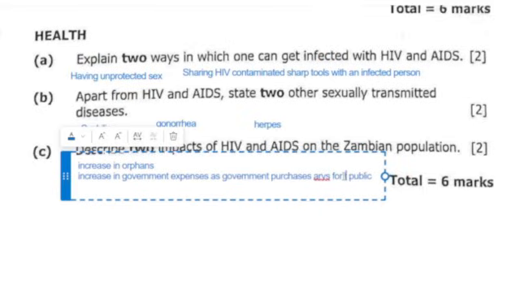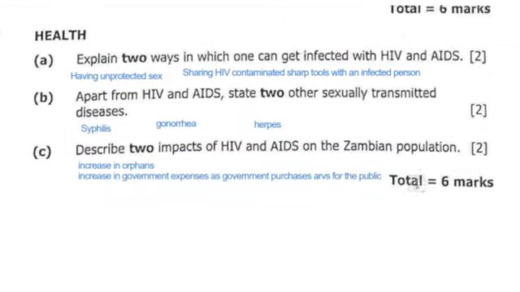No one has gone to the hospital and asked to buy ARVs. These ARVs are there for the public free of charge. So nothing is paid by the public.